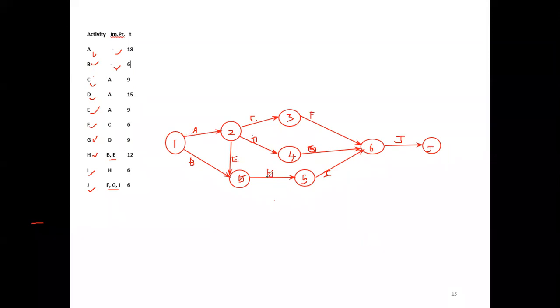Now this is the forward pass. After that, we have to indicate the time estimate for each and every activity. So now we will indicate the time estimate for each and every activity.